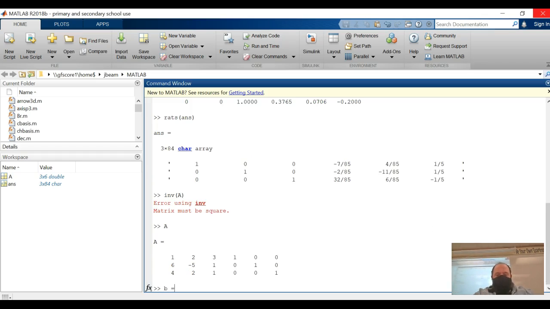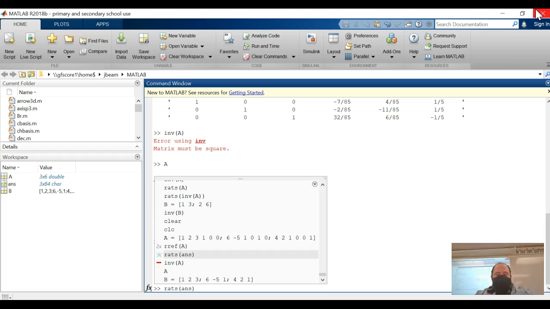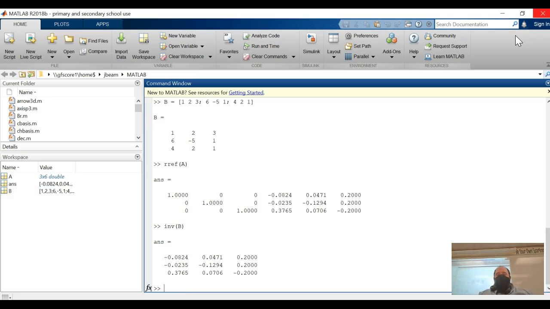So B will be 1, 2, 3, 6, negative 5, 1, 4, 2, 1. So if I RREF A and I take inverse B, the results are the same. So that whole algorithm is already built in, okay?